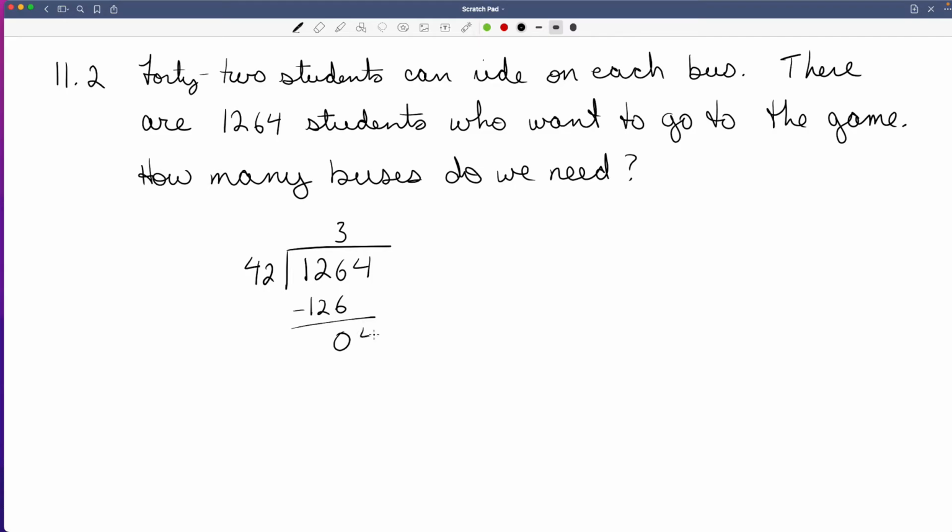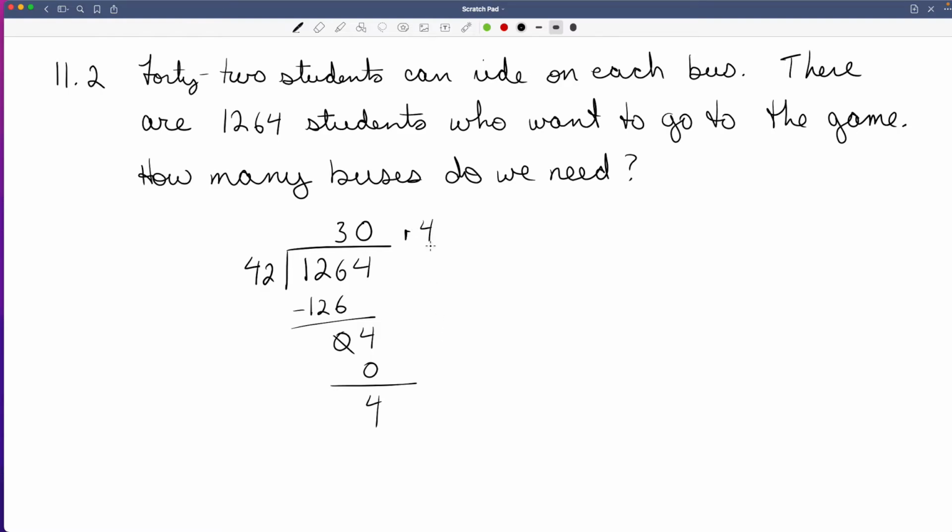I'm going to bring down our 4. 42 goes into 4 no times. So 0 times 42 is 0, right? So we have a remainder of 4. So we have 30 full buses, but we have 4 students left. We have 30 with a remainder of 4.